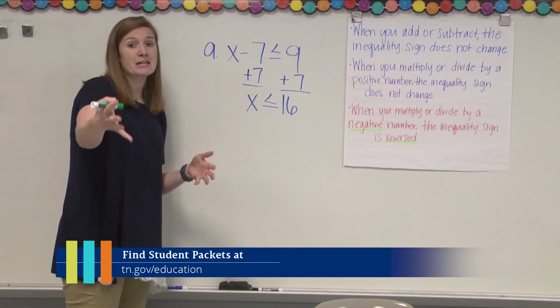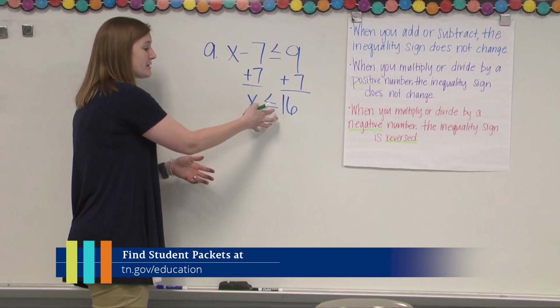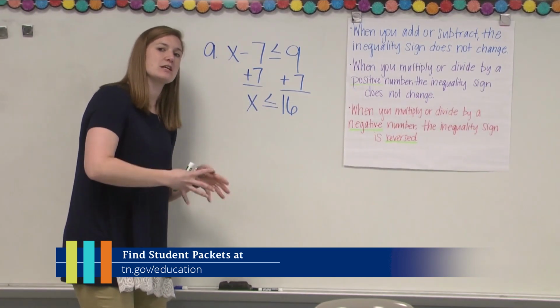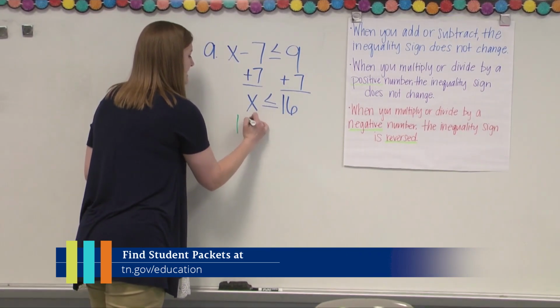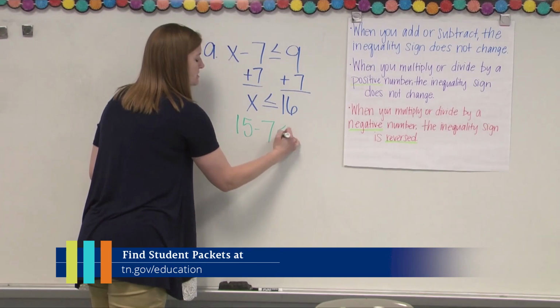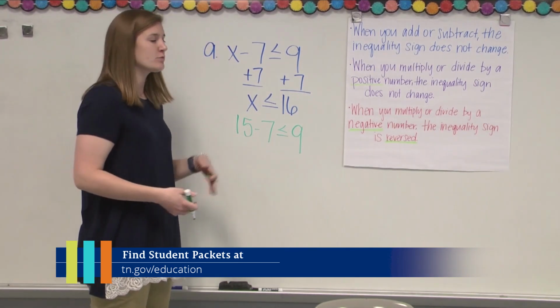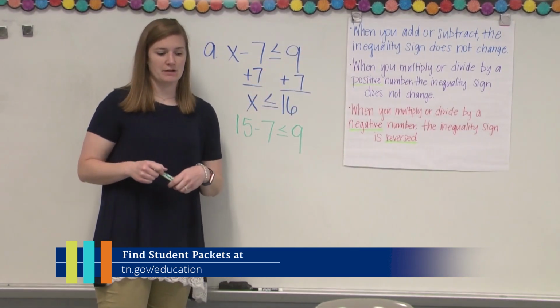So x needs to be less than or equal to 16. You need to pick a number that's less than or equal to 16, like 15, and substitute it into that inequality and see if it works out. And if it does, we know we did this correctly. And if it doesn't, you may need to go back and think about what we talked about today during the lesson.